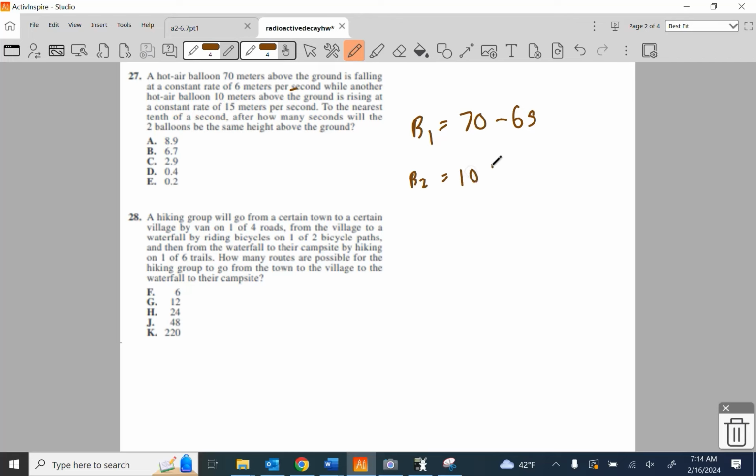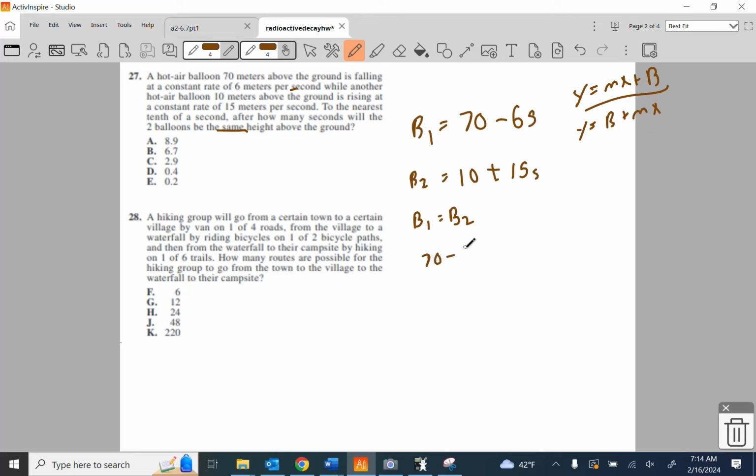10 plus 15s. This is straight up y equals mx plus b. That's what it is. I'm actually doing y equals b plus mx, but it's the same thing. And what I want to know is when they're going to be the same height. So I'm going to set balloon 1 equal to balloon 2.